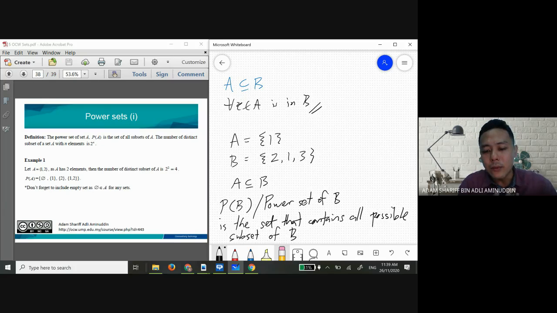Kita tahu A adalah subset of B. However, how many possible subset of B that can be in B?